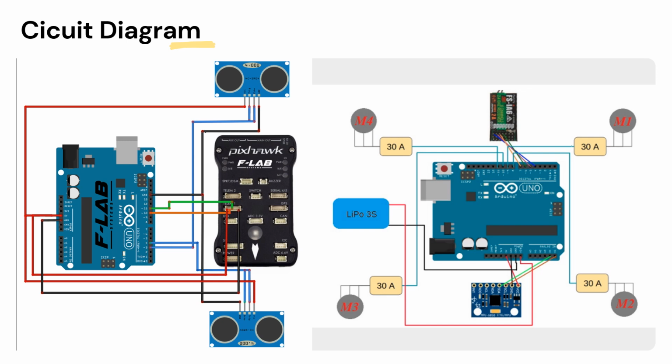In the second diagram, you can see the purely Arduino Uno drone circuit diagram, in which all the motors and their ESCs are respectively connected to Arduino Uno, and Arduino Uno is further connected to the flight receiver.